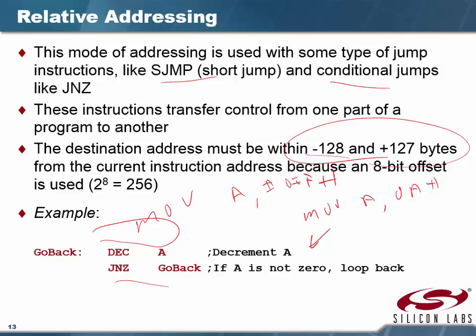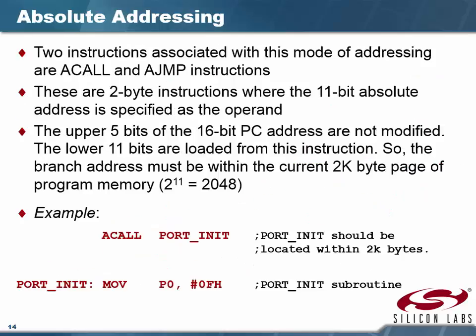In this case, they're right next to each other. But we only have 128 bytes to play with, plus or minus, so we can't have a lot of code in between. And we can do the short jump. That's it.